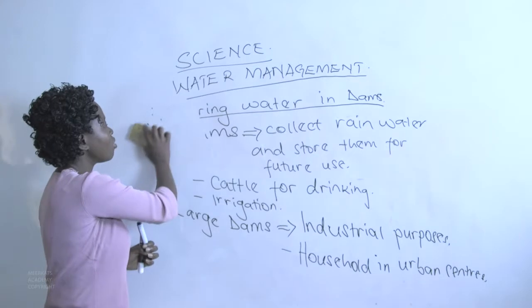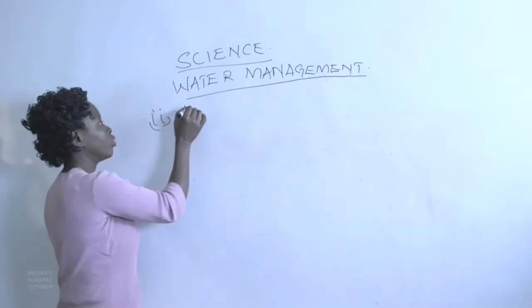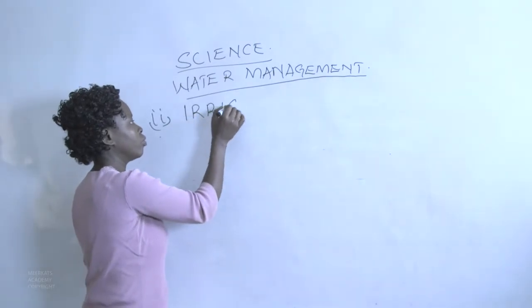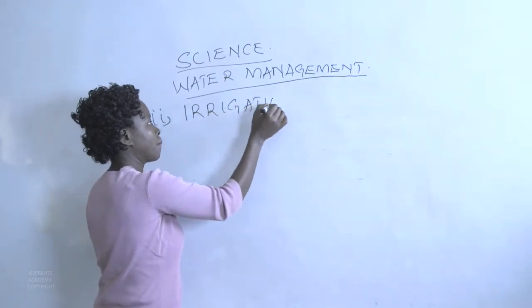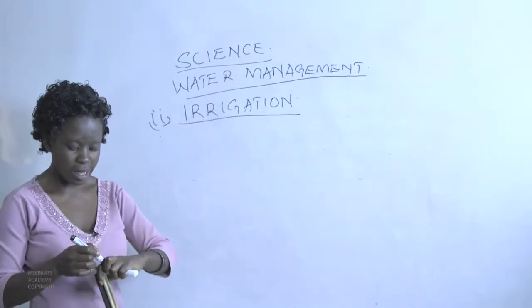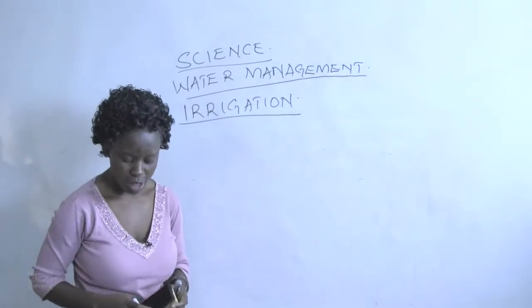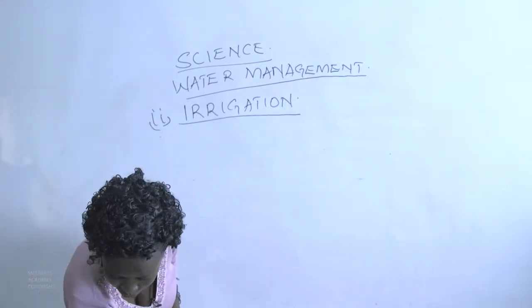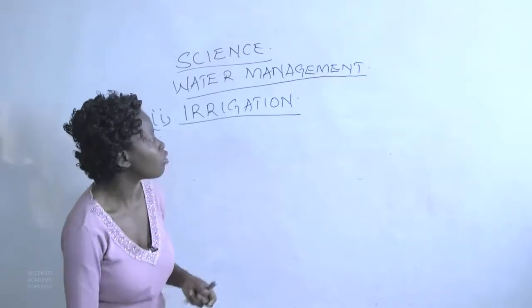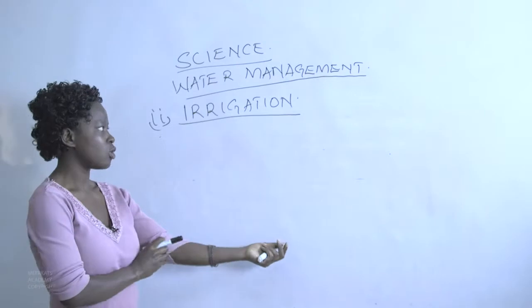Another water management activity we have is irrigation. We've seen that the water that is collected in the dams can be used for irrigation purposes. What is irrigation?